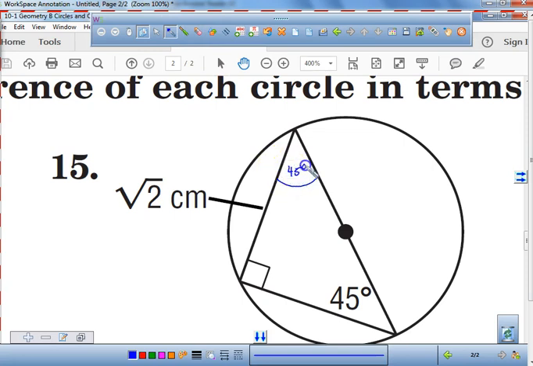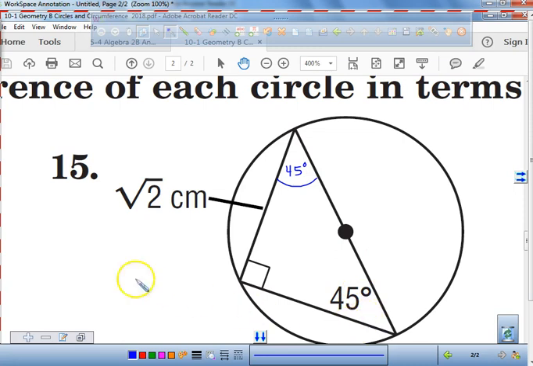So now, what I want you to do on your paper, write down 45 degrees, 45 degrees, 90 degrees. X, X, X radical 2.